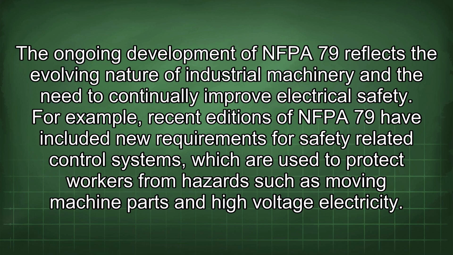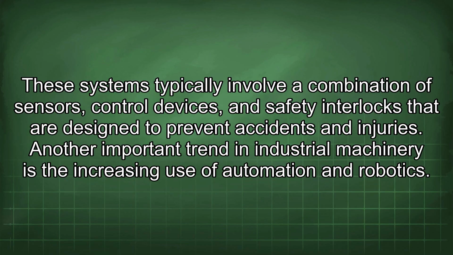The ongoing development of NFPA 79 reflects the evolving nature of industrial machinery and the need to continually improve electrical safety. For example, recent editions of NFPA 79 have included new requirements for safety-related control systems, which are used to protect workers from hazards such as moving machine parts and high-voltage electricity. These systems typically involve a combination of sensors, control devices, and safety interlocks that are designed to prevent accidents and injuries.